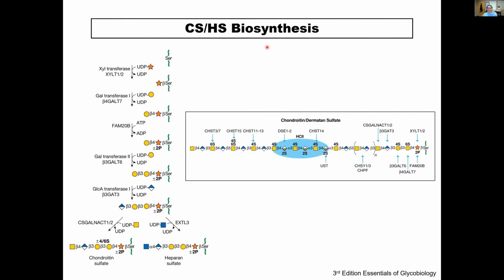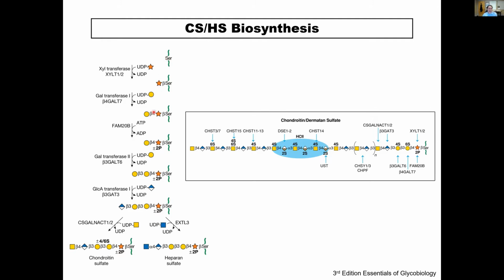The biosynthesis of both of these GAGs is actually pretty similar. Here I'm showing that typically these are always O-linked to a serine residue of the core protein. For chondroitin sulfate or heparan sulfate, biosynthesis is initiated by the attachment of a xylose residue to the serine residue of the core protein.